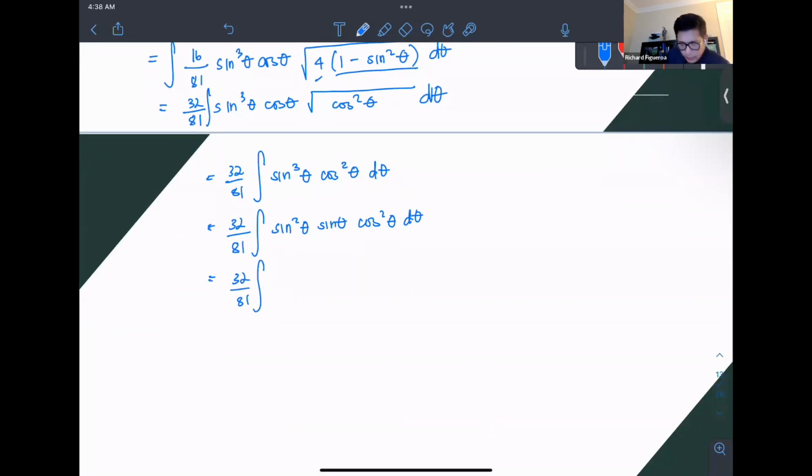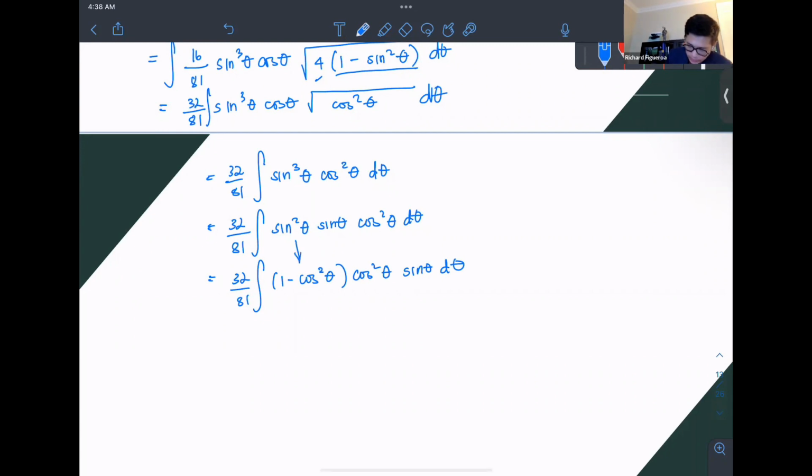I need to transform sine squared to cosine. So 1 minus cosine squared theta. And then I'm going to interchange this one. So cosine squared theta times sine theta d theta. So sine squared theta is 1 minus cosine squared theta.